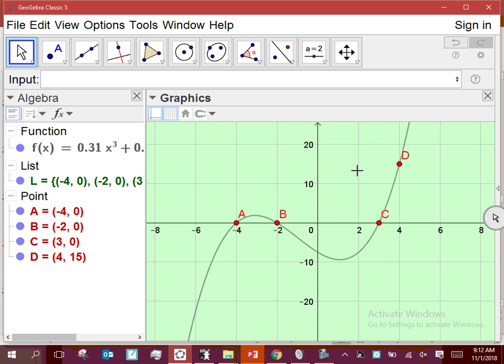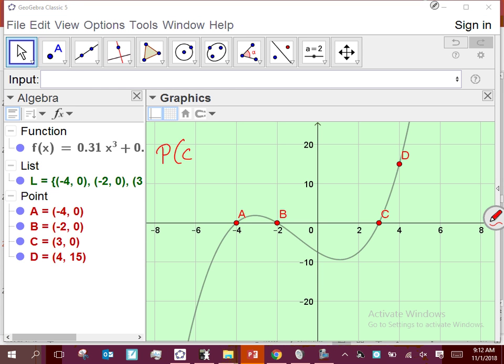If I look at these zeros on GeoGebra, the p of c that is producing 0, in this case p of -4 is giving me 0, right? So it tells me -4 is a zero. It's a numerical value. It's an x value that produces a y value of 0.